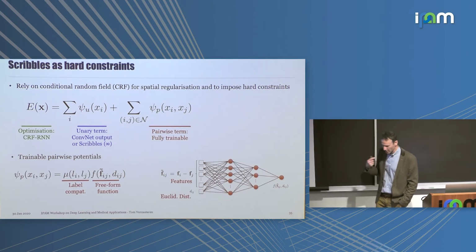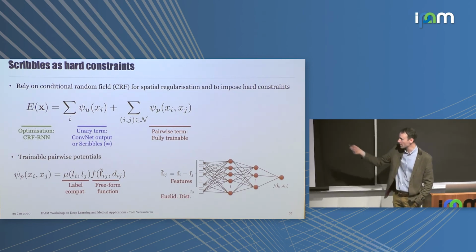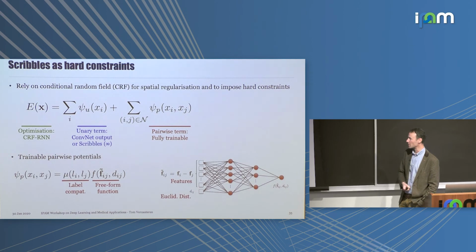Going back to some of the previous talks, we have this regularization term in the form of the pairwise terms in the MRF, but knowing exactly what the good regularization is, is complicated.